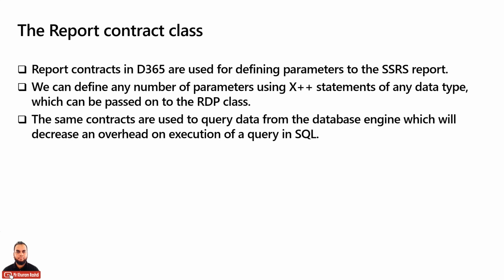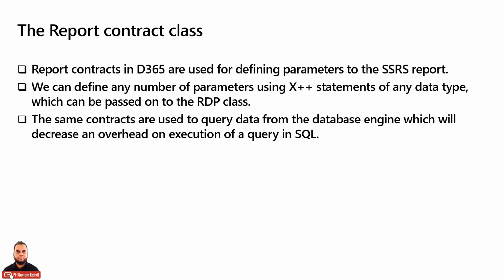We normally define parm methods, which are getter and setter methods, where you can set or get the values for the internal variables. We can define any number of parameters of any data type using X++ statements, which will then be linked with the RDP class, and the contract will be passed to the RDP class itself.